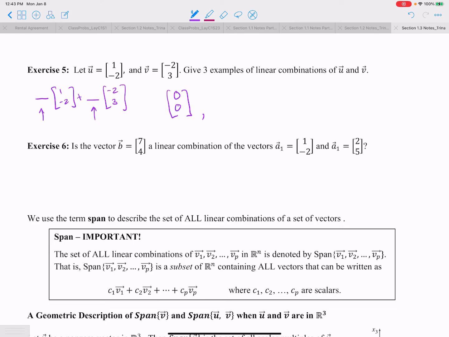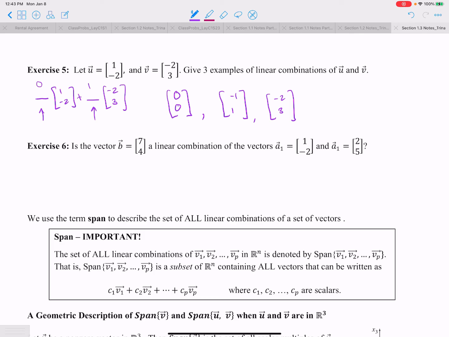If I make both those coefficients 1, then I'd get negative 1, 1, which is an example of a linear combination. If I make the first one 0 and the second one 1, that means negative 2, 3 is a linear combination.